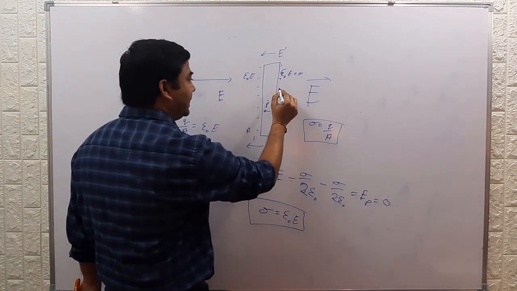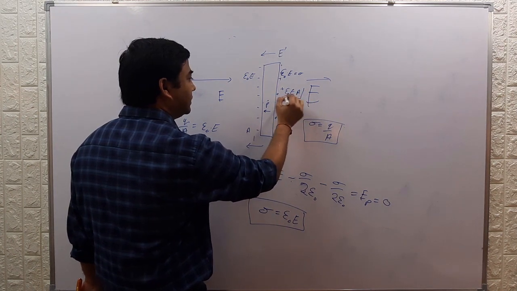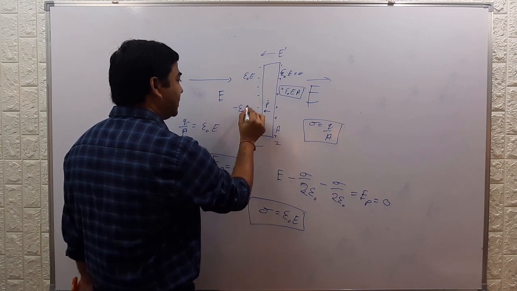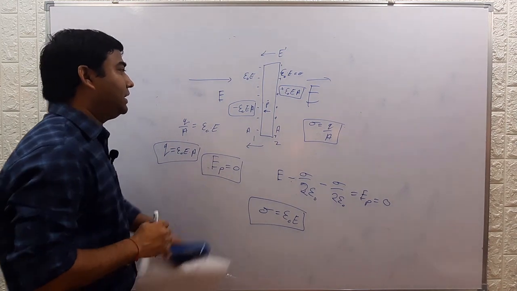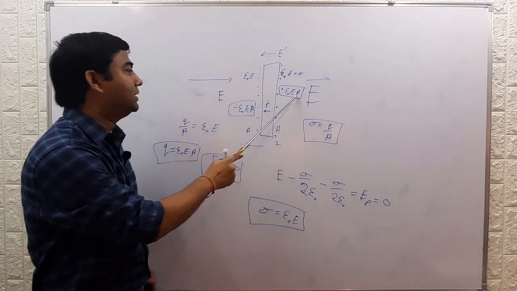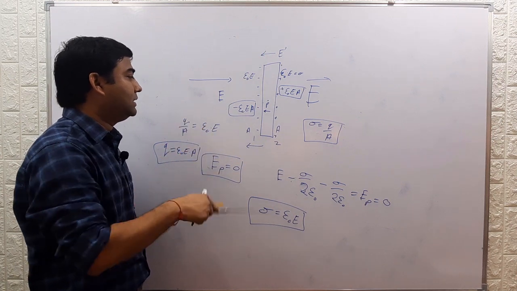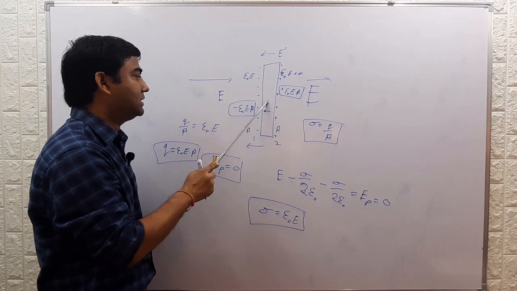So this surface will have plus epsilon 0 E A induced charge, and this surface will have minus epsilon 0 E A induced charge. A we have put here because we have assumed that the surface area is very large compared to the distance of the point from both surfaces.